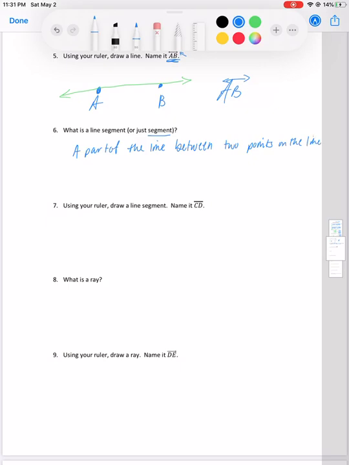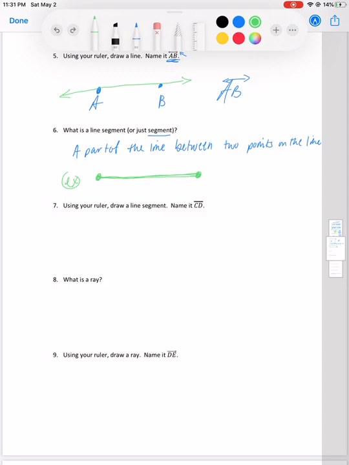Okay, and we're going to do an example here. Okay, so the example, we just have a point here, a point here. Okay, so there are 2 points and everything that's in between them, which is also consisting of points, right? There's a bunch of points in there. Okay, infinitely many between that.